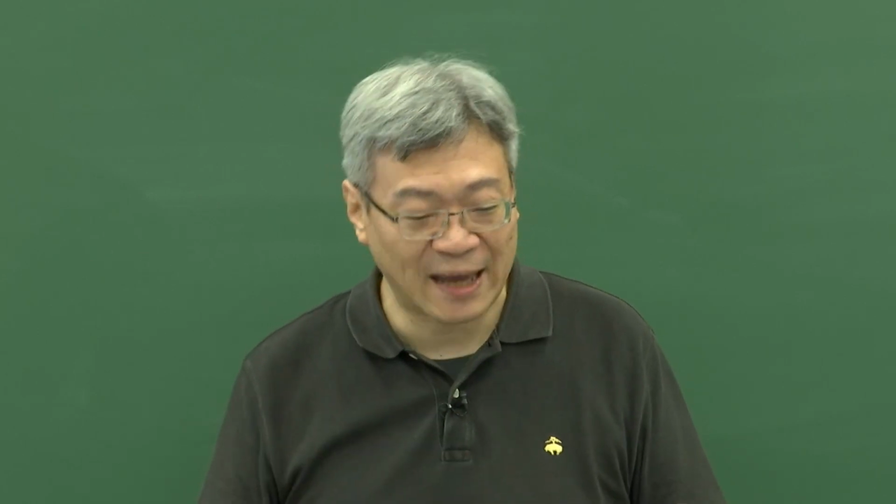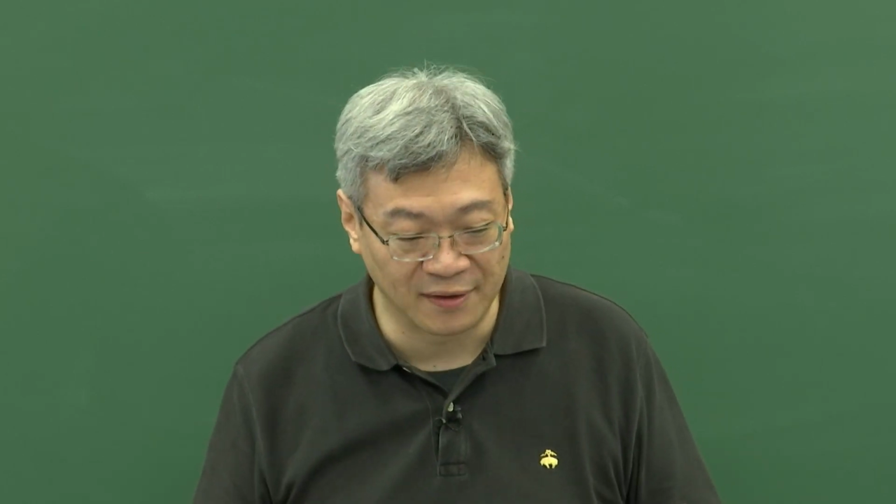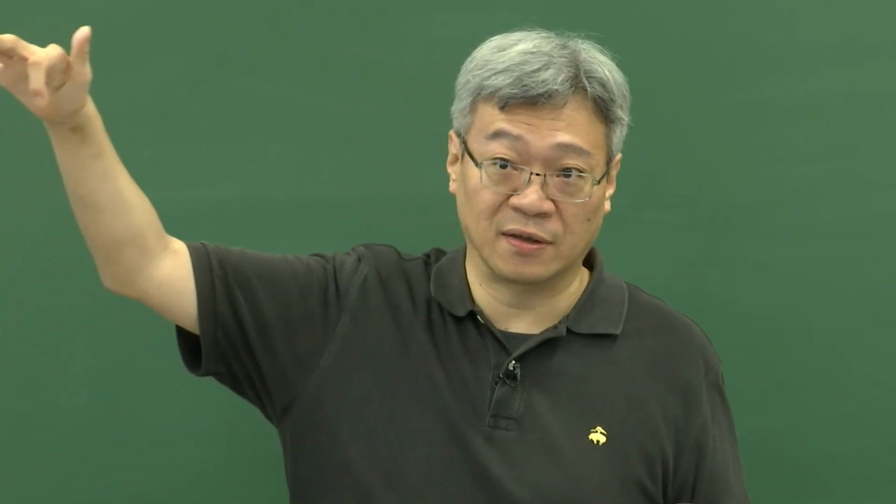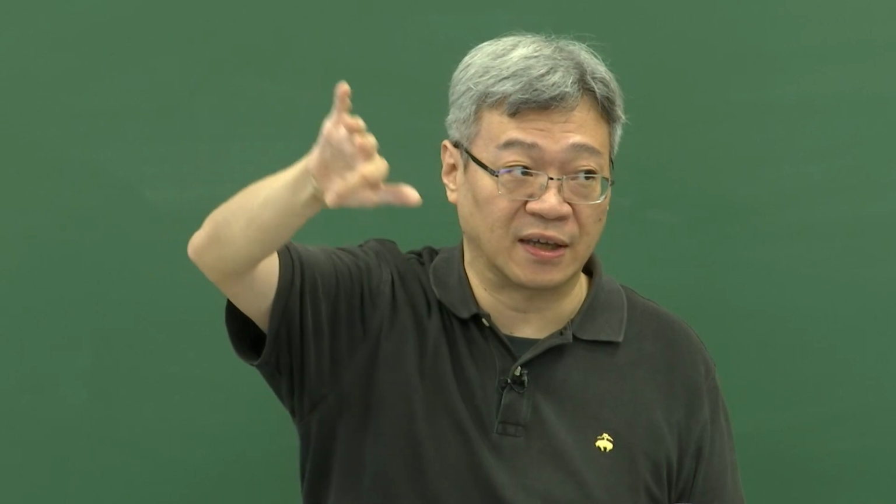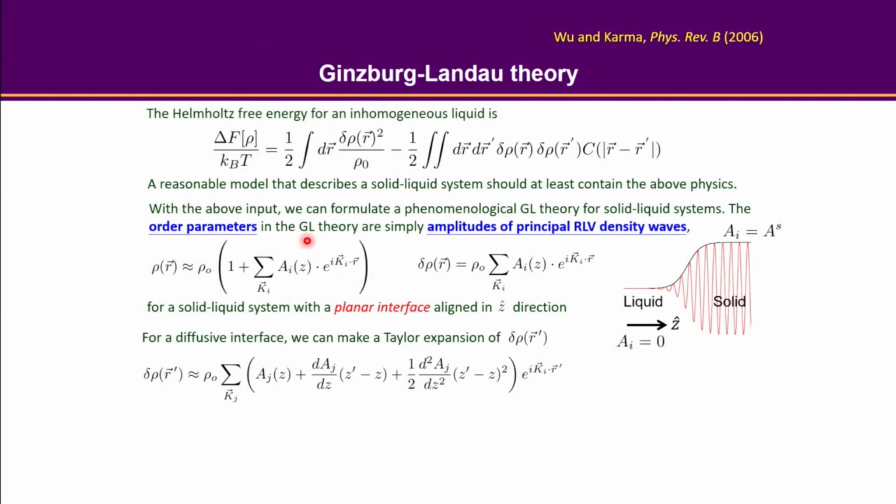I mean, except that the density will pick up the periodicity, but its envelope only varies from the solid, which is some constant, to the liquid, where of course it decays to 0. Because we have that assumption, the amplitude here only depends on z, right? So it's a planar interface we're talking about.